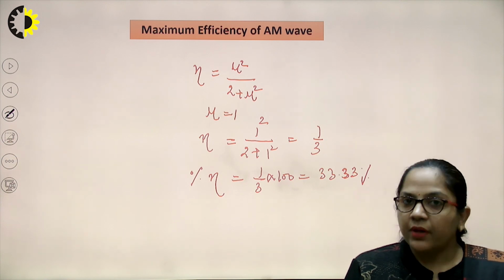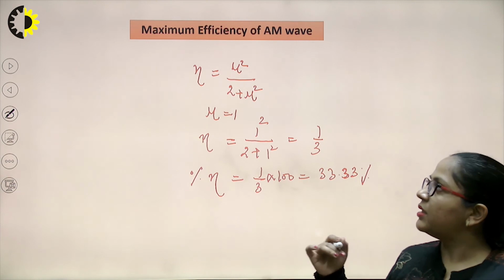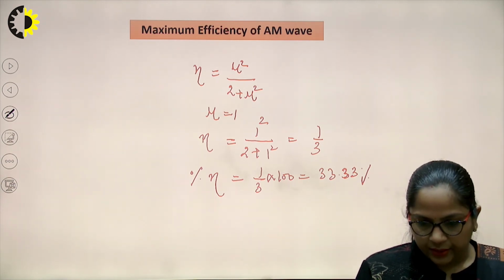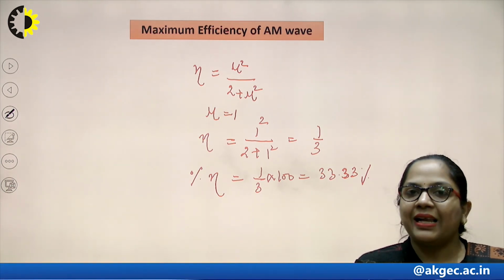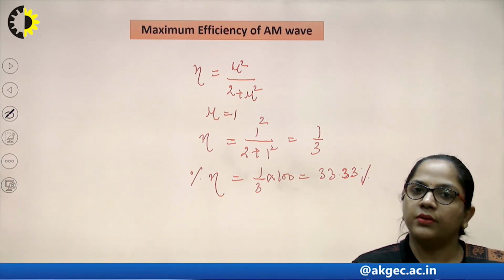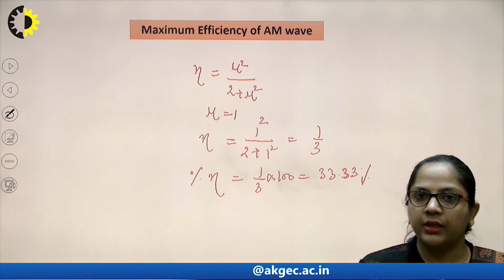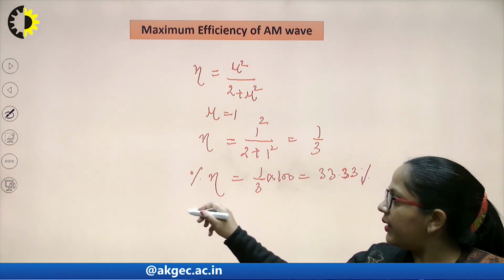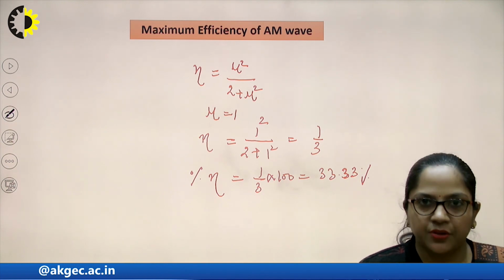So the power required for transmitting the carrier is a wastage in this particular kind of modulation. So what can we do? We can minimize or eliminate the need of transmitting the carrier. That is our second type of amplitude modulation, double sideband with suppressed carrier. So we can increase this efficiency, which we will discuss in our next video lecture.